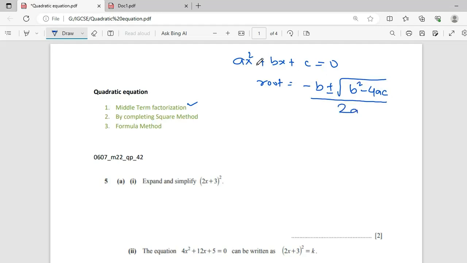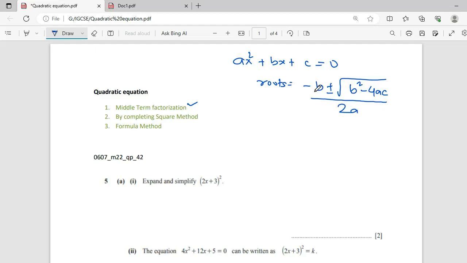So a, b, c: a is the coefficient of x square, b is the coefficient of x, and c is the constant. If you see the plus minus, that means in this scenario we are going to get two solutions. A solution is nothing but what we call a root of the quadratic equation. Now if b square minus 4ac is greater than or equal to 0, then only we will get a real solution.